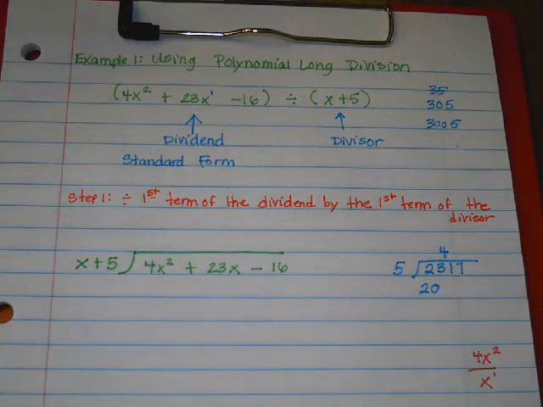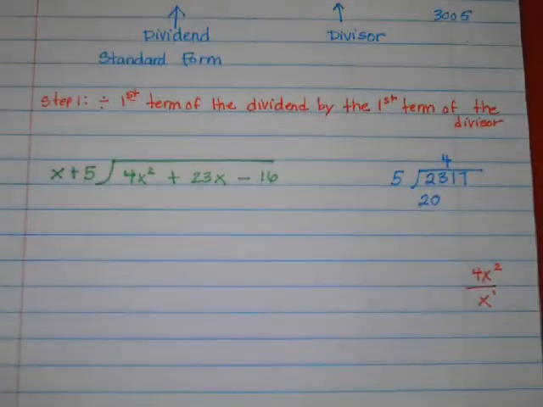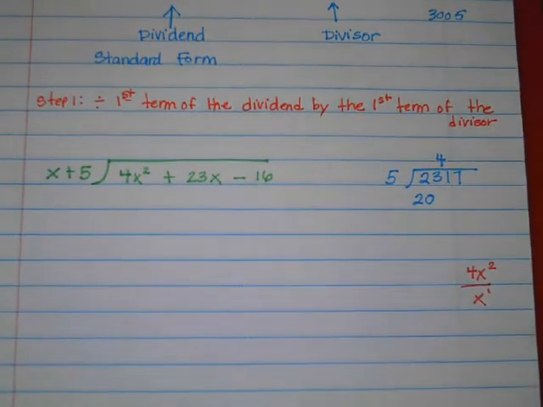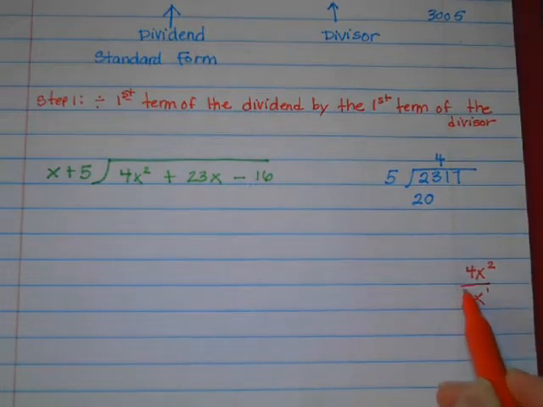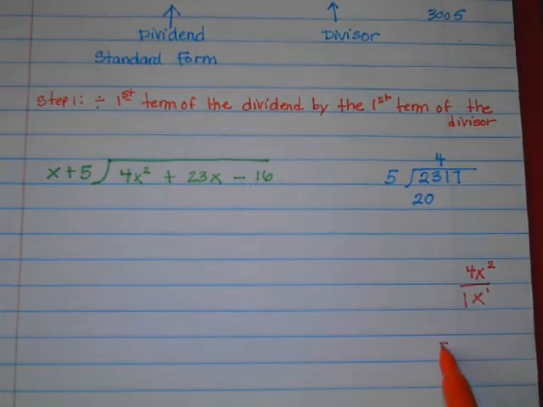So remember, when we divide with exponents, we subtract these two exponents. I got to bring this up so you guys can see. All right, so there's a 1 here in front of our x that we don't see. So we'll divide our coefficients first. So 4 divided by 1 is equal to 4.